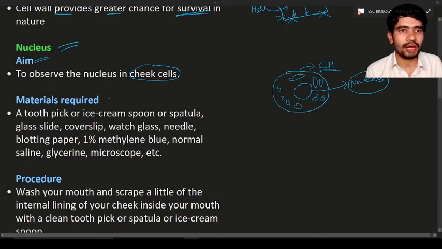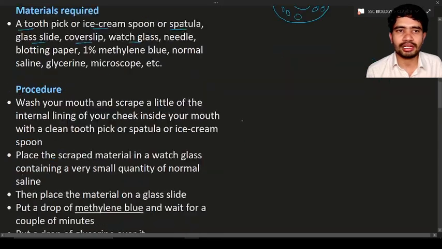For that we need some materials: a toothpick, ice cream spoon or a spatula, which is a spoon-like material. Next, glass slide, cover slip, watch glass, needle, blotting paper, 1% methylene blue, normal saline, glycerin, microscope, etc. These are the materials needed and necessary.